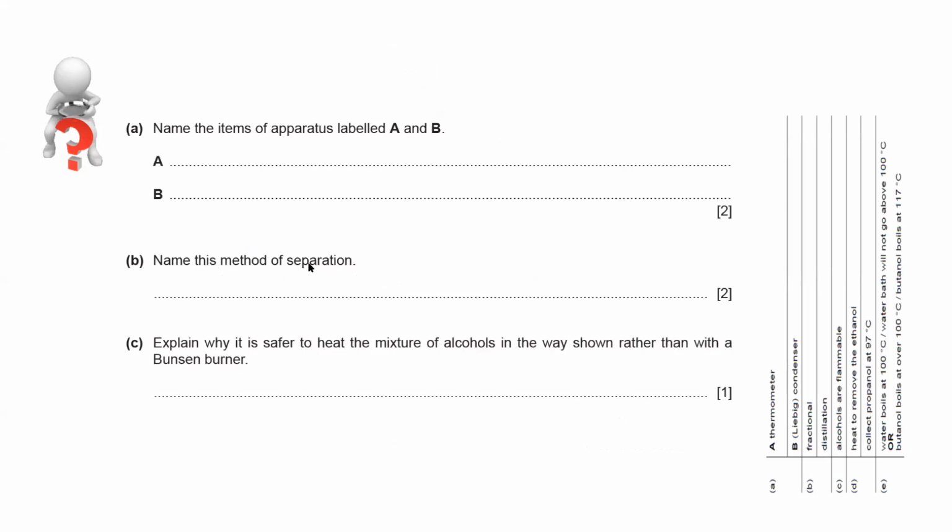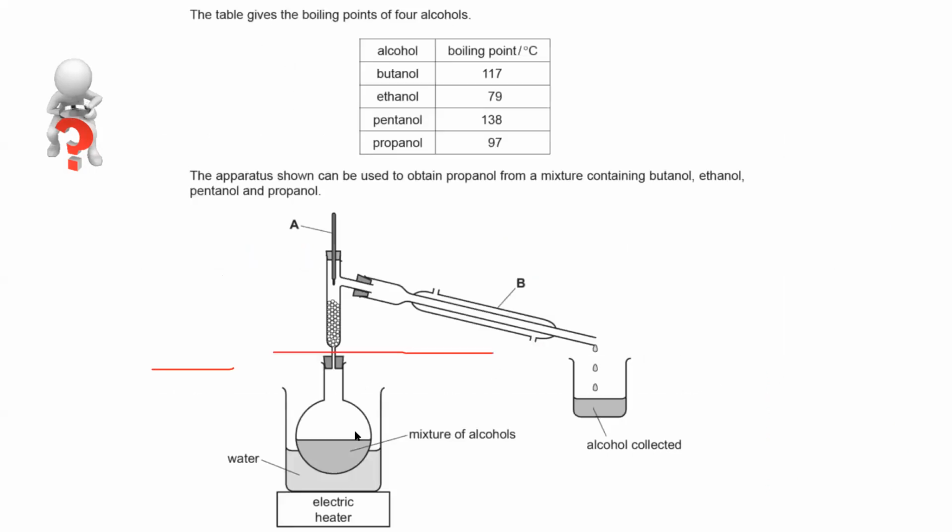Name this method of separation. What do we call this method? We discussed, it's called fractional distillation. Explain why it is safer to heat the mixture of alcohol in the way shown rather than with a Bunsen burner. So why are we using an electrical heater here? Why are we not using a Bunsen burner to heat this alcohol?